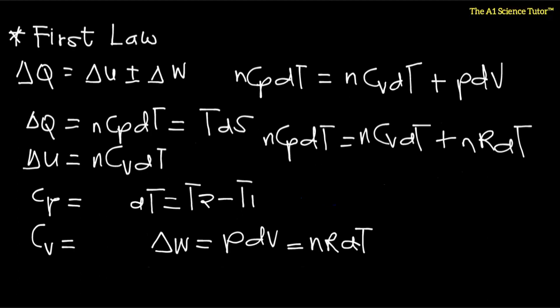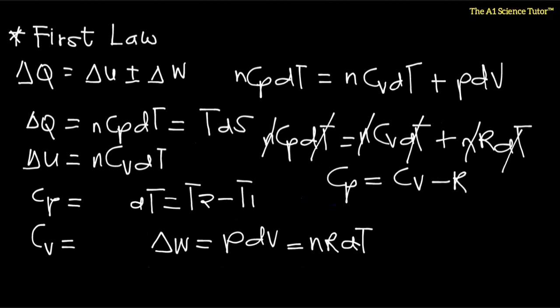Now you need to know that it's very possible for us to factor out n and dT and cancel them out. And if I did that, I would actually have Cp is equal to Cv minus R. Or you could also say that R is equal to Cv. So that is actually a mistake on my part. Let me rewrite this. This is actually supposed to be a positive.